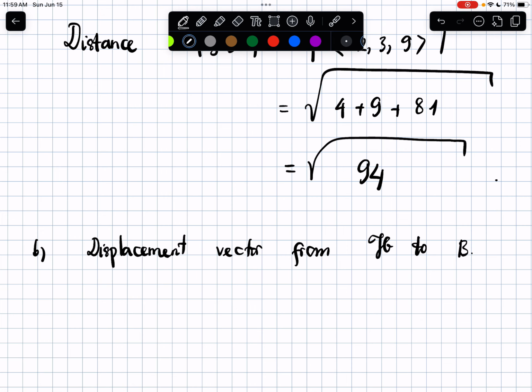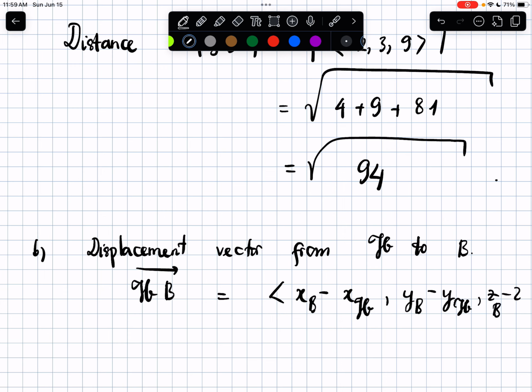You do the same: you compute vector HB. In the general formula, that is xB minus xH, yB minus yH, and zB minus zH.